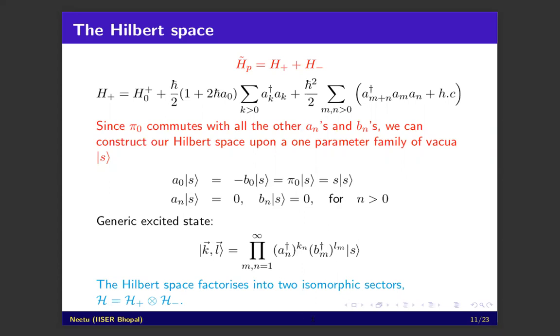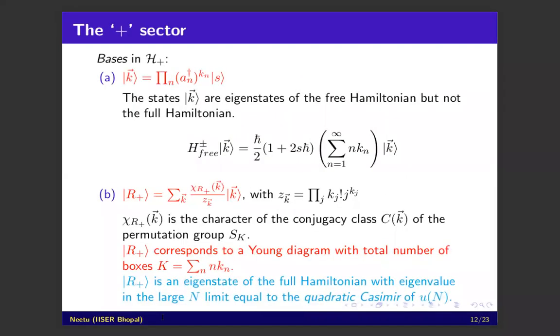So the Hilbert space will also factorize into two sectors, H plus and H minus. We can also see this from the algebra because we get two copies of a U(1) Kac-Moody algebra in terms of A's and B's. So the full Hilbert space is a tensor product of the H plus and H minus sectors. We'll look at the analysis only for one sector, and a similar analysis goes through for the other. So let's look at the plus sector.